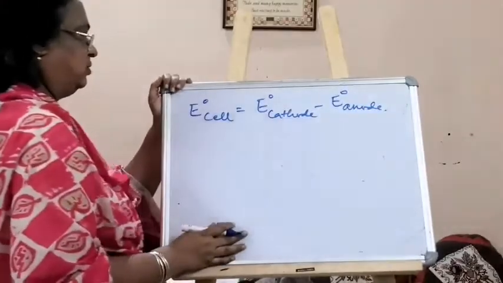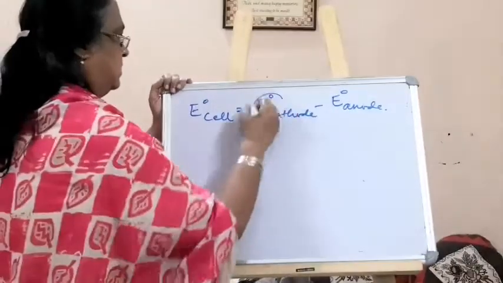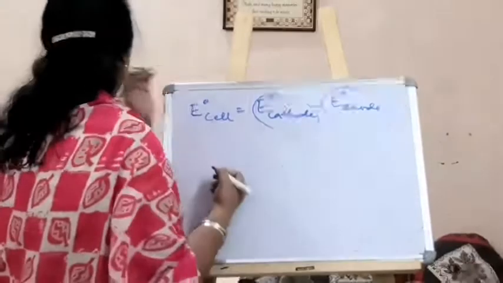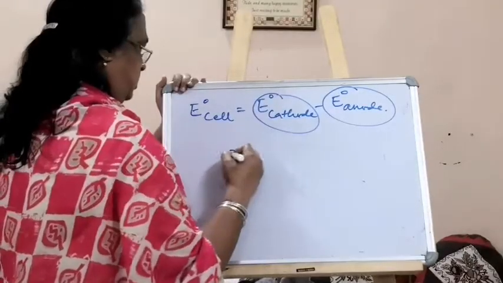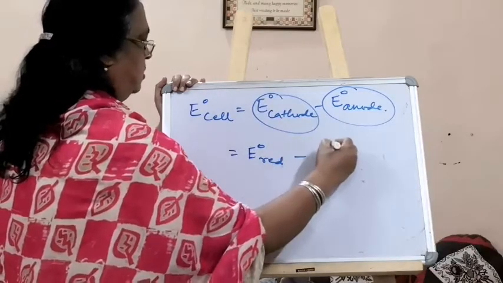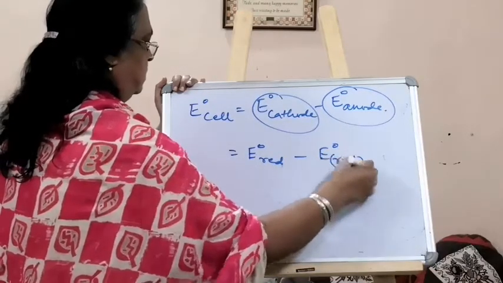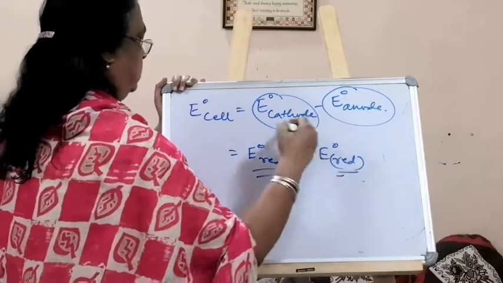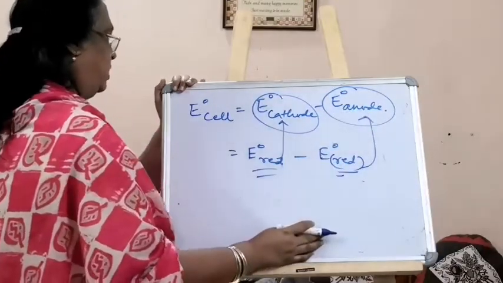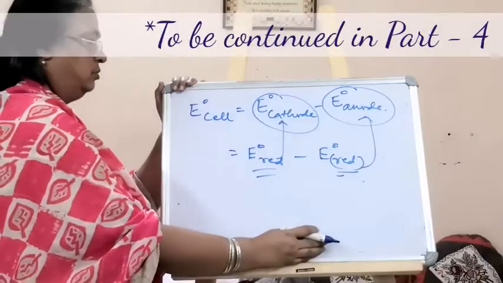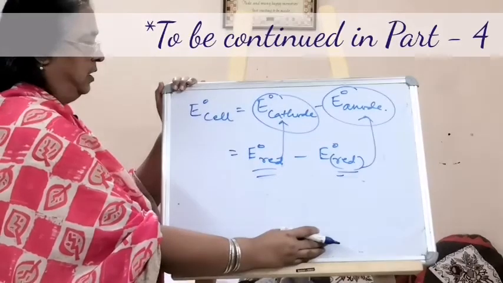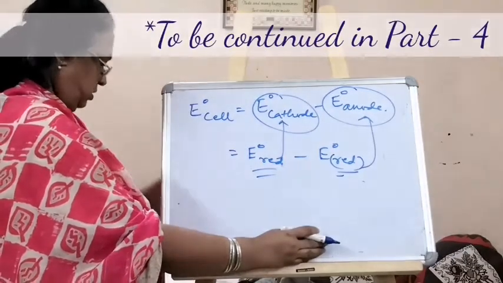Both E0 cathode and E0 anode are reduction potentials. This reduction is for the cathode, and this reduction is for the anode. So you can find out the E0 of the cell also with the help of the electrochemical series.